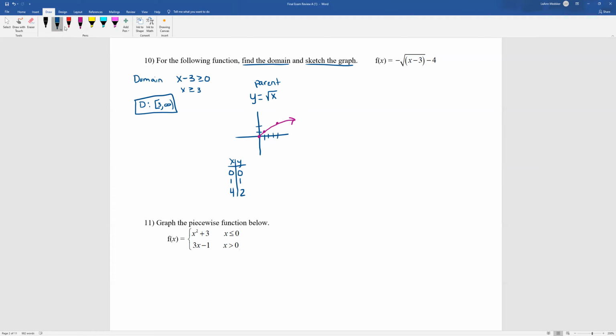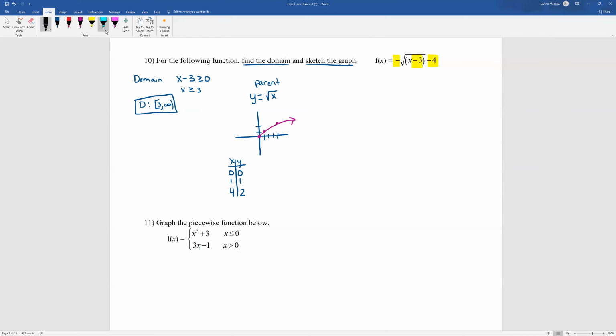Now, looking at what we were given here, I see the following different types of transformations. I see a horizontal shift because we have adding or subtracting underneath the radical symbol. I see a vertical shift because we have something added or subtracted at the end of the function. And then I also see a negative in front of the parent function. That indicates a type of reflection.